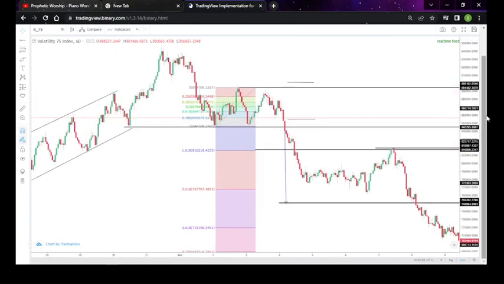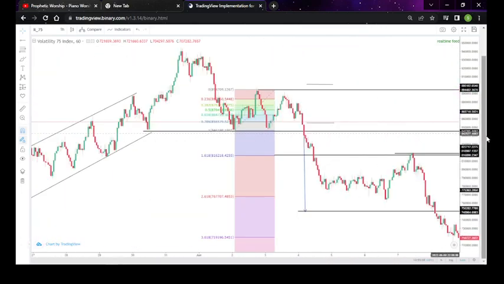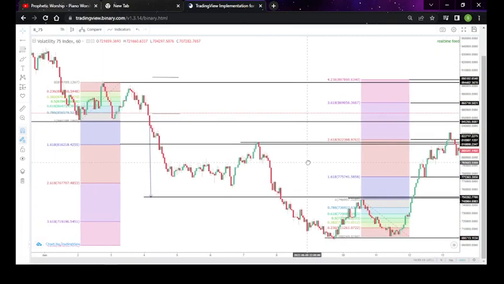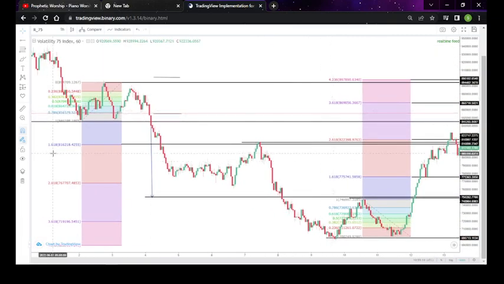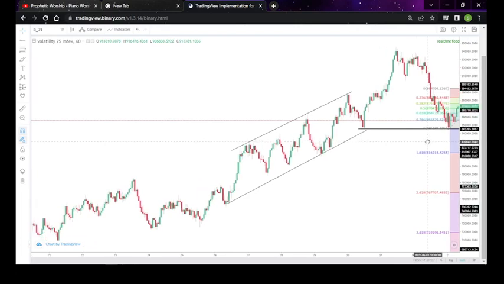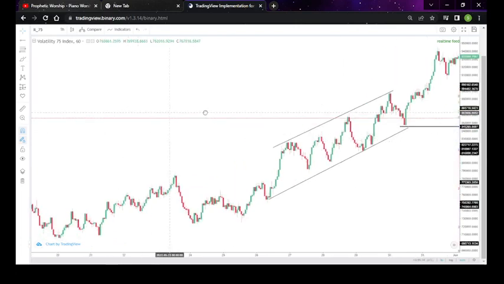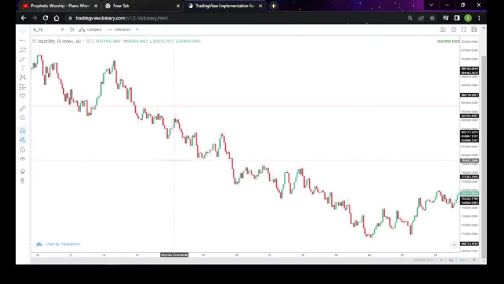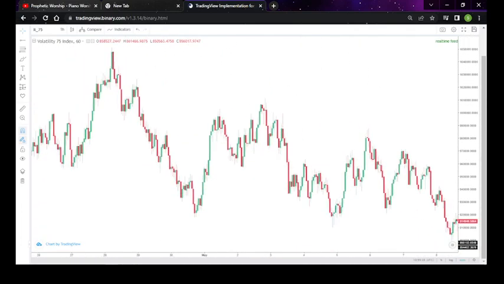So one thing that you need to know when drawing the support and resistance levels, guys, I want to tell you one thing about support and resistance. We need to find a good zone.